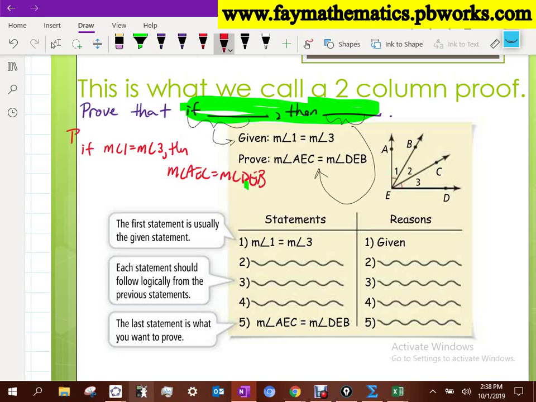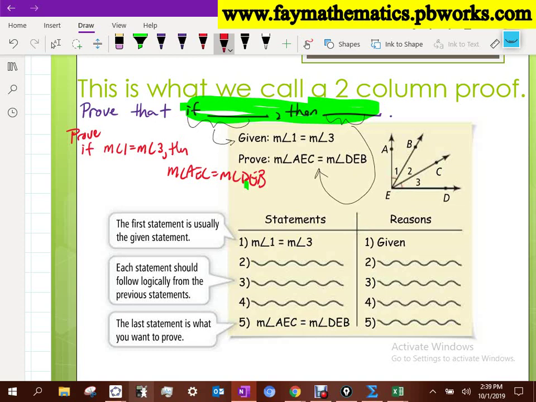They would ask us, prove if measure of angle 1 equals measure of angle 3, then measure of angle AEC equals measure of angle DEB. So it allows us to take that if-then statement apart and decide which one, the if or the then, gets the ball rolling with this process.